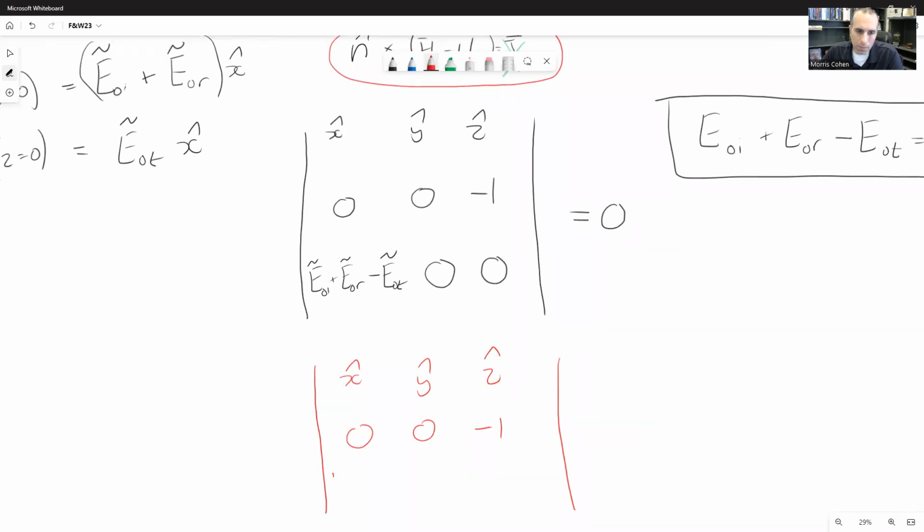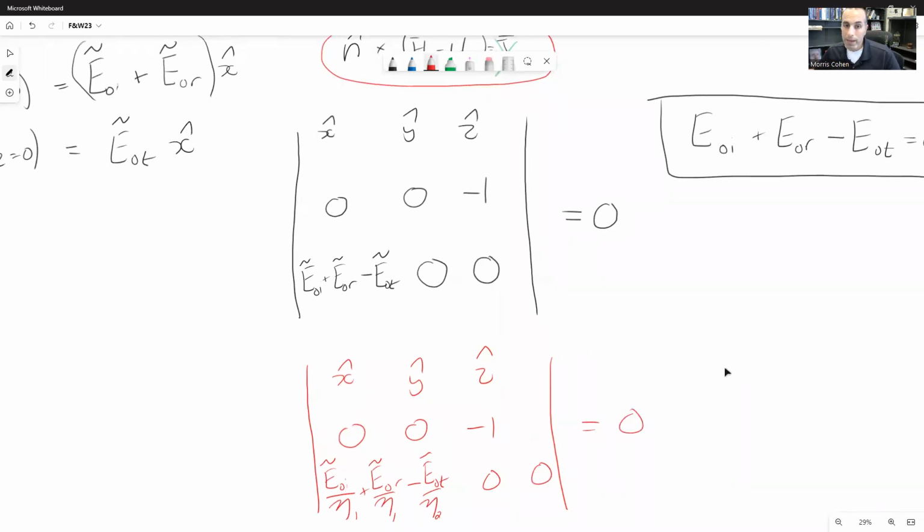And this will be E0I as a phasor divided by eta 1, plus E0R divided by eta 1, minus E0T as a phasor divided by eta 2. And then a 0 and a 0. And again, that equals 0.